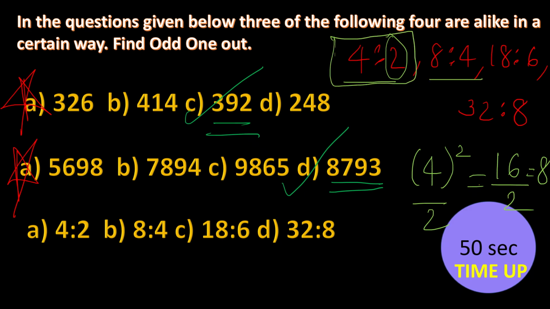We'll see for the next one. 8 is to 4. So when I do 8 square, it will give me 64. 64 divided by 2 if I do, then I'll get 32. Okay. Wait a minute, students.